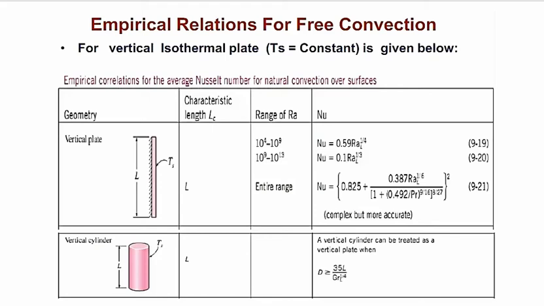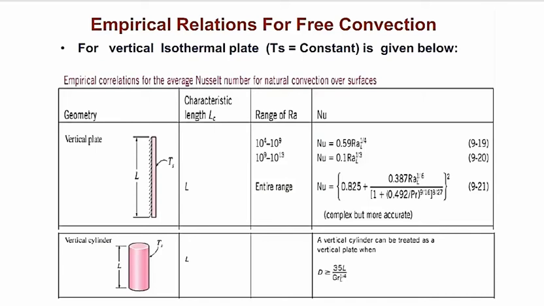If we take a vertical plate with thickness T and length L, the characteristic length will be L. The range will be 10 to the power 4 to 10 to the power 9, and it goes up to 10 to the power 9 to 10 to the power 13, covering the entire range.